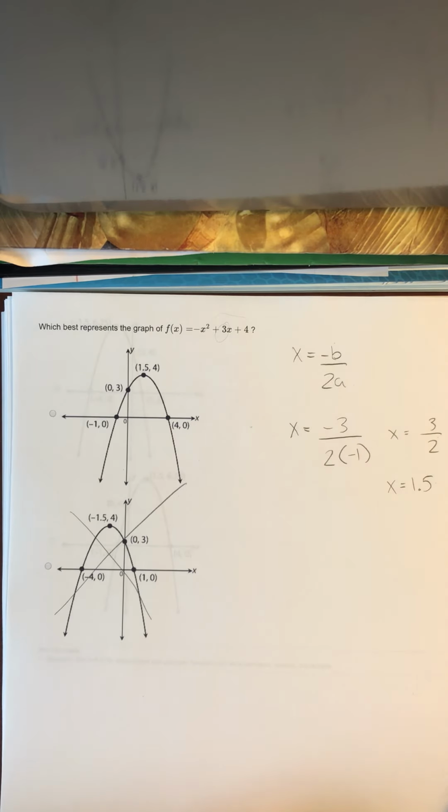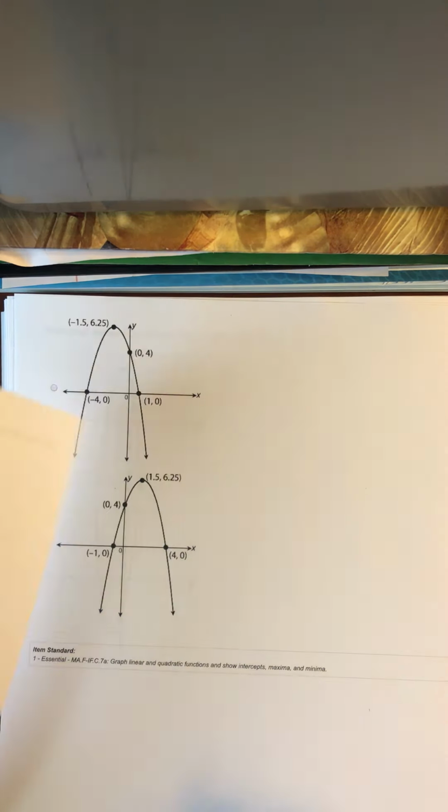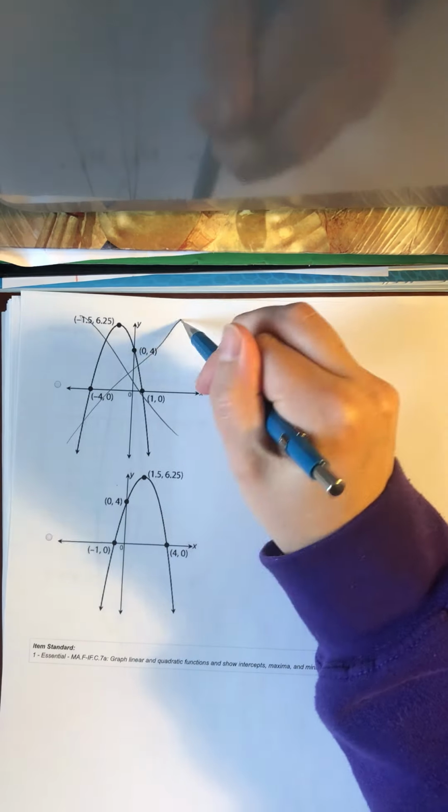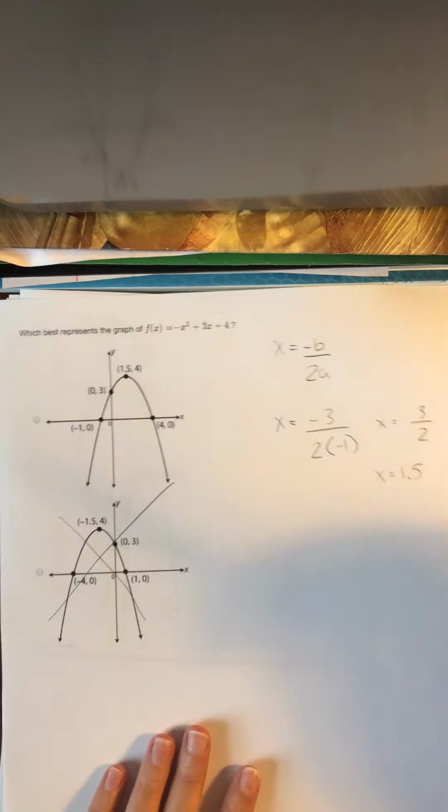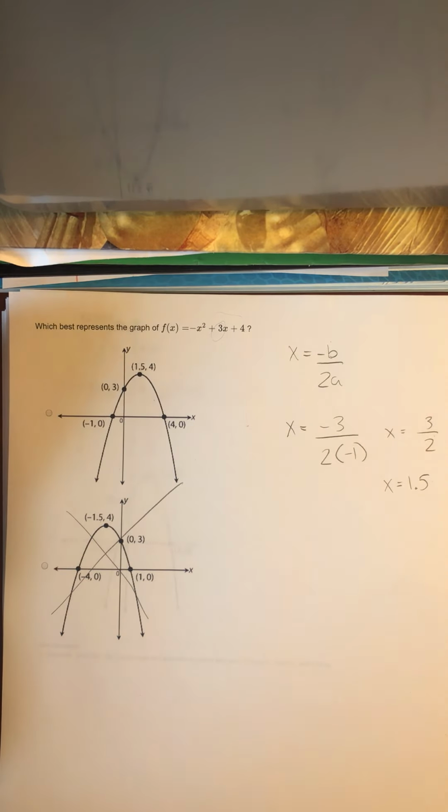I have to go on to the next page for some of my other choices. I know that this one's not right. So right now my choices are either this one or this one. So I have to figure out what my y value is. To do that, I'm going to plug back in.